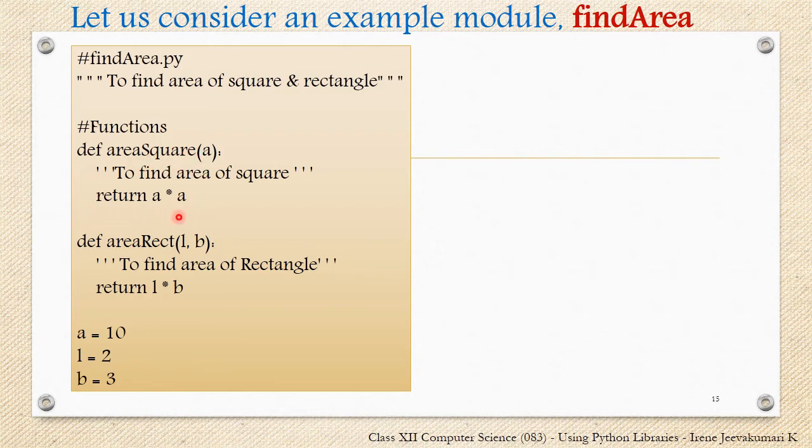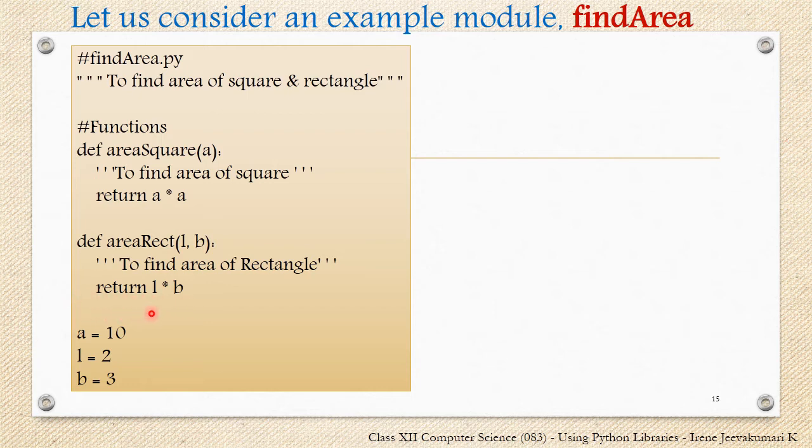Again there is a blank line, and the next line is the function header of the function definition area of rectangle. It receives two parameters L and B. Again in its body the first statement is a docstring which gives the information about this function: find area of rectangle. This function returns the value of L into B.